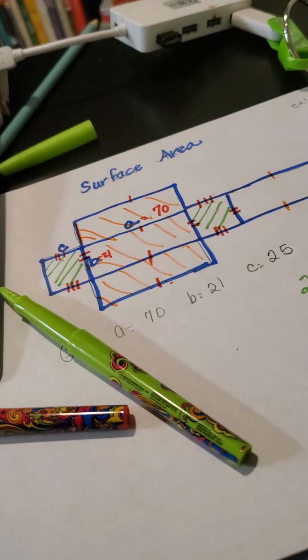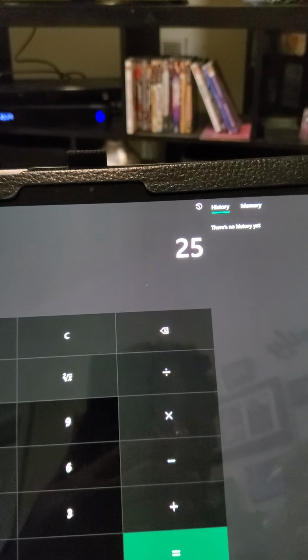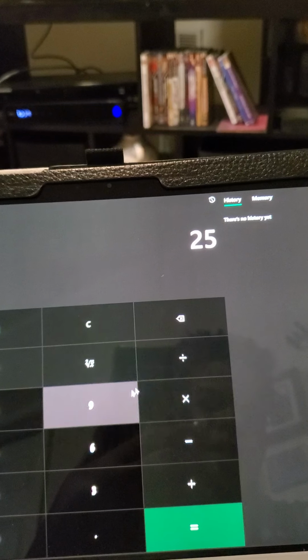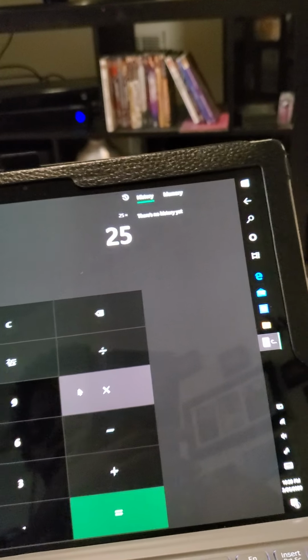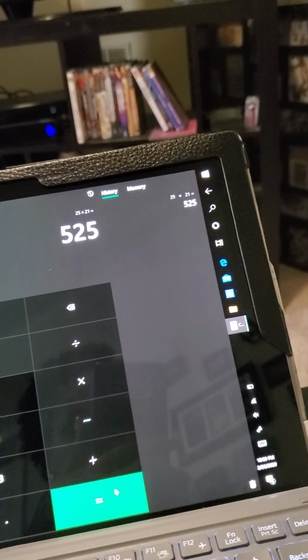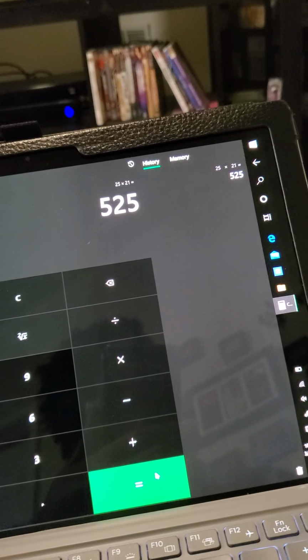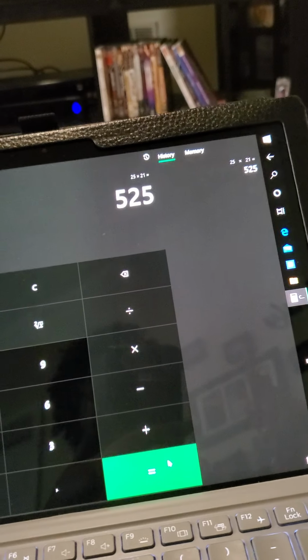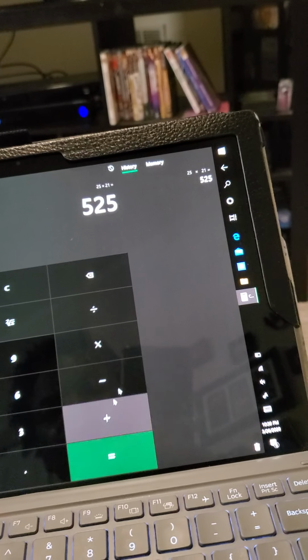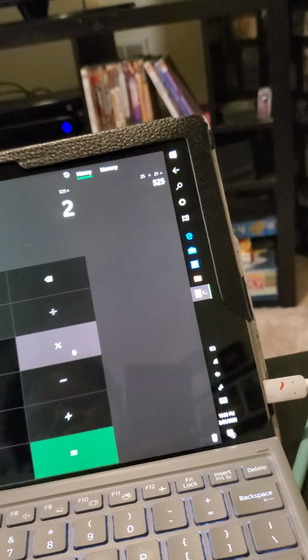So go into my calculator, because yes, you can use the calculator. 25 times 21 equals 525. So this is 525 centimeters squared for 1, but I have 2. So I'm going to go ahead and multiply that by 2. And that's going to give me a total area of 1,050.